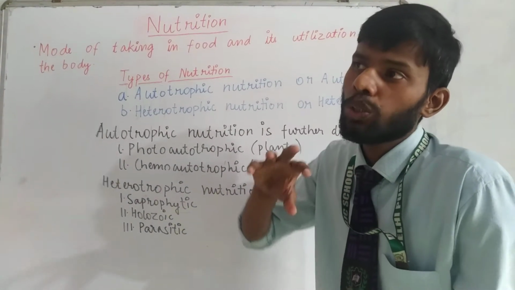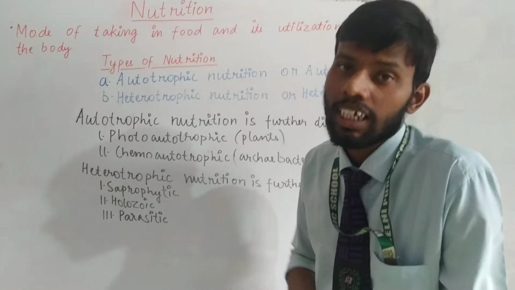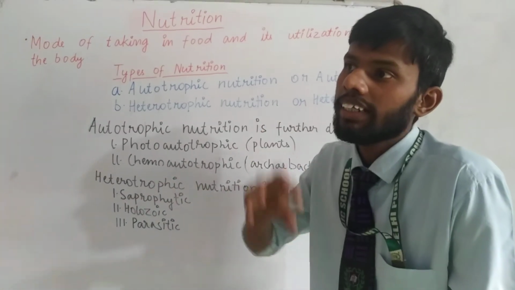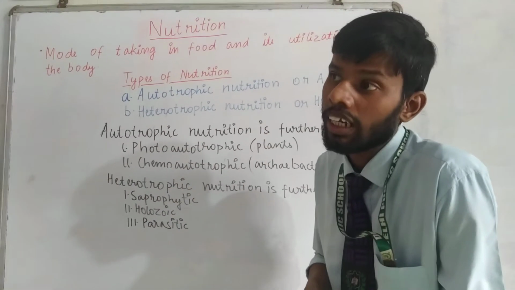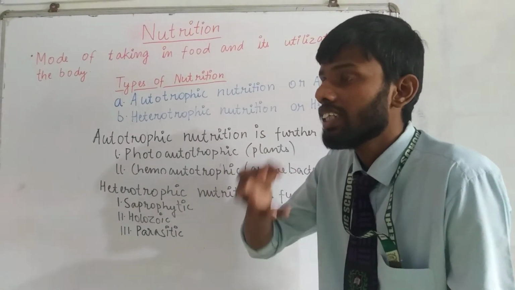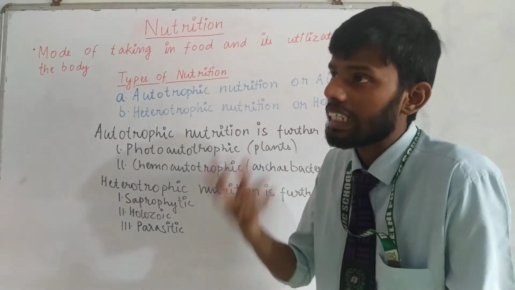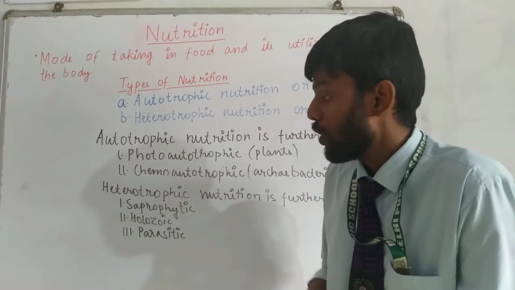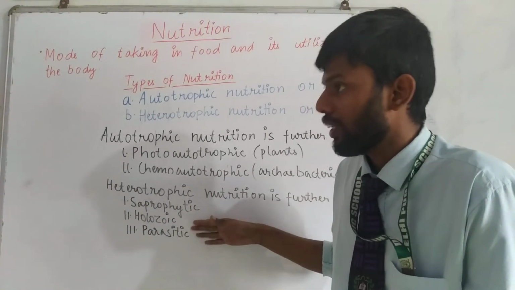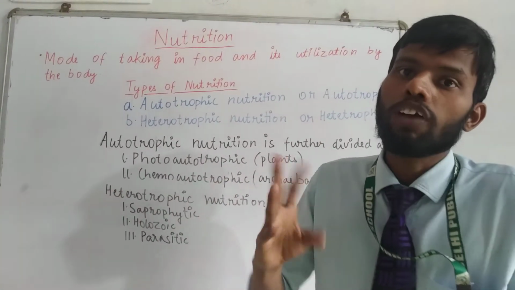Then a vacuole is formed around the food material, and in that vacuole certain digestive or hydrolytic enzymes are released which digest the food, absorb it inside their body, and the waste product is released by the process of excretion.